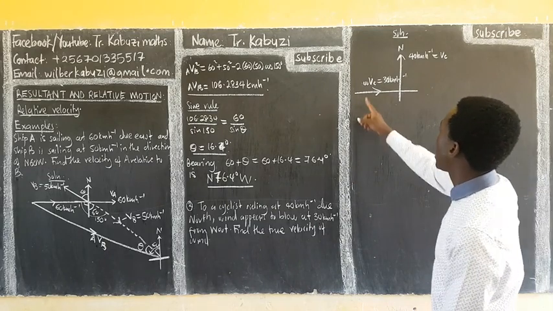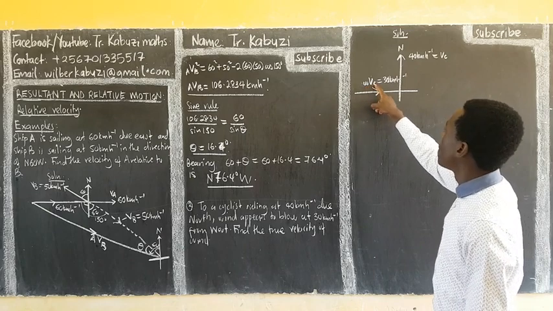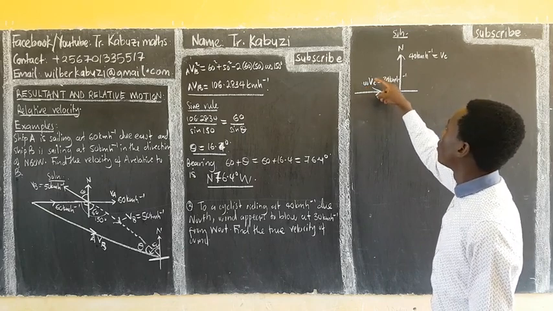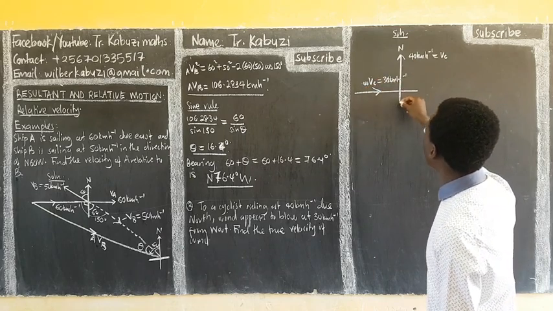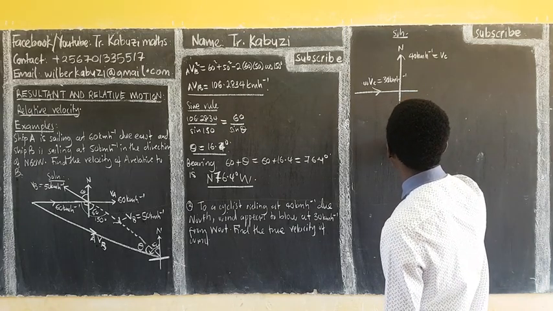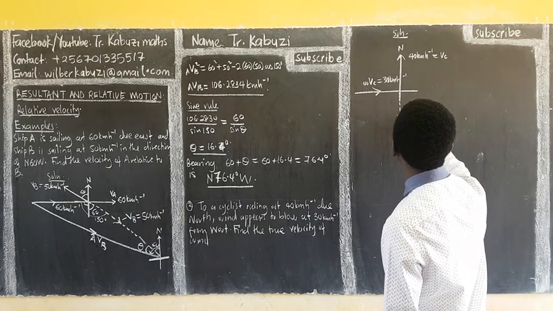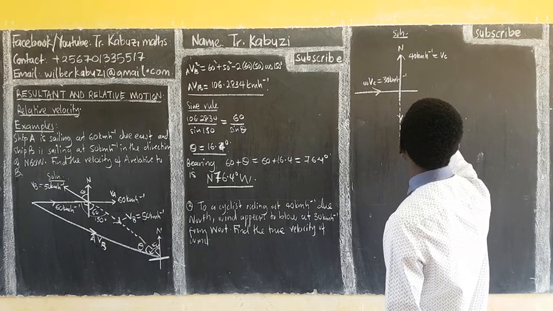It means that if we have wind relative to the cyclist, we shall get the velocity of the wind plus the negative velocity of the cyclist. So we shall get the negative of the cyclist in this direction, which is negative C, 40 kilometers per hour.